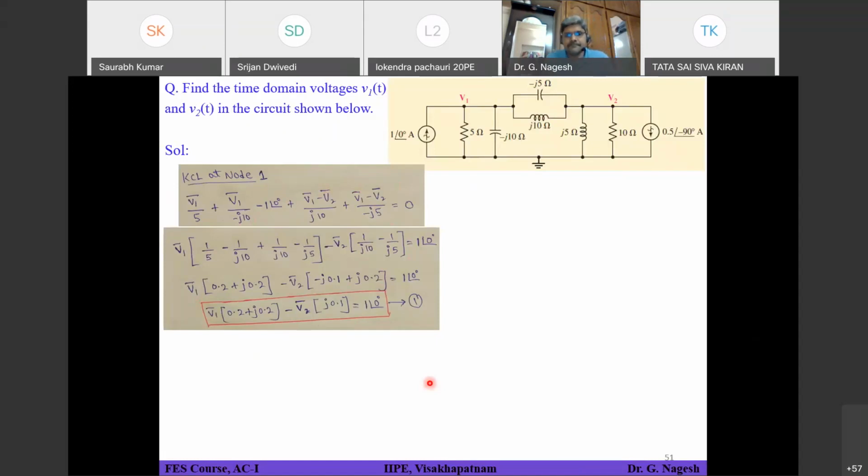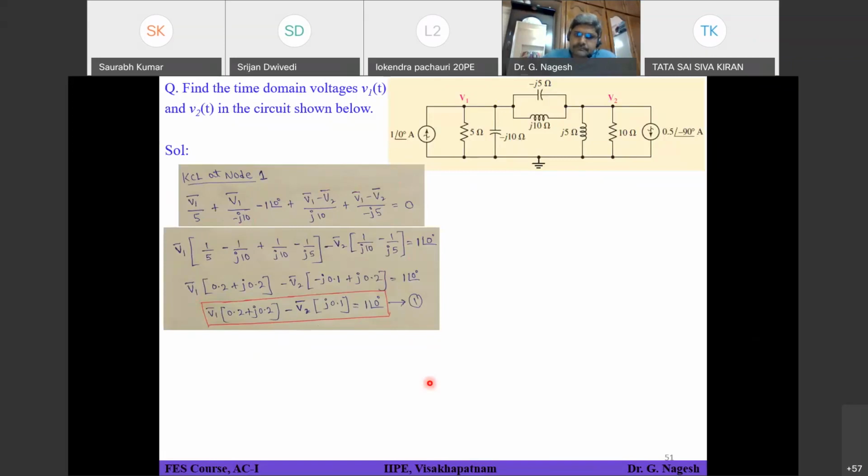So you have got exactly the same thing. Okay, fine. Now try to write a similar expression at node 2 also, at V2, and segregate all V1 and V2 in one format. Let's see what will be equation 2. Anyone has a doubt?